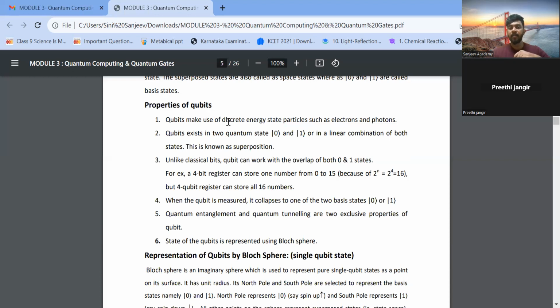Those who have taken computer science, in third semester you will have something called discrete mathematics. So sets and all, we already learned, right? In class 11th, sets, relations, functions and all. So those are all discrete. In the sense, x, function of x, I'll write it down. If I'm giving you f of x is equal to x square plus 1, this we have already seen, the function in relations and functions.